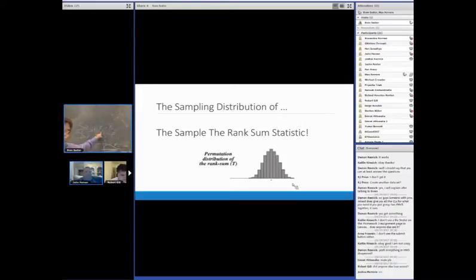So you just said it exactly. What assumption is it that allows me to put these two distributions and treat them as if they're the same? Because the null hypothesis is that they're the same. The null hypothesis is that those two distributions are exactly the same. In a distribution, the probability of having a rank sum statistic greater than some number is the same for both groups.